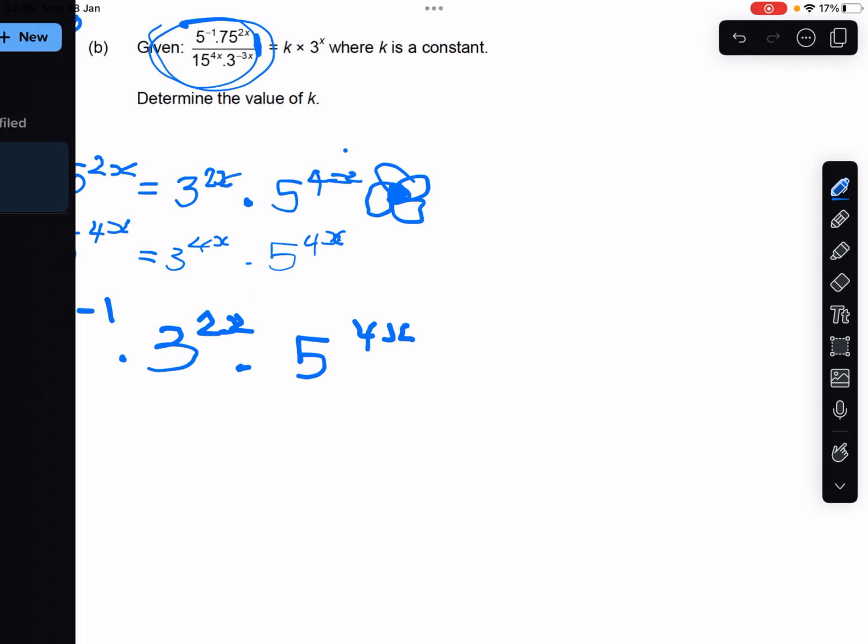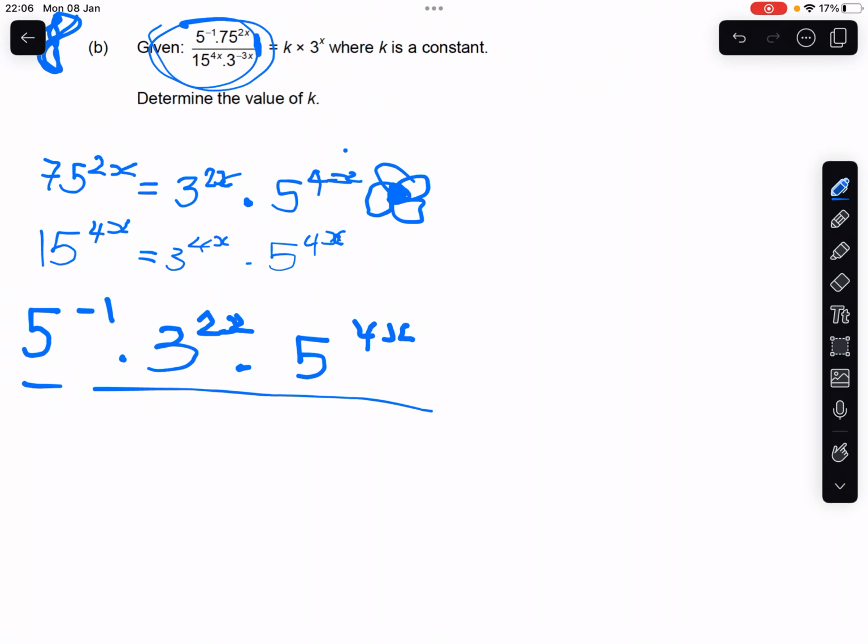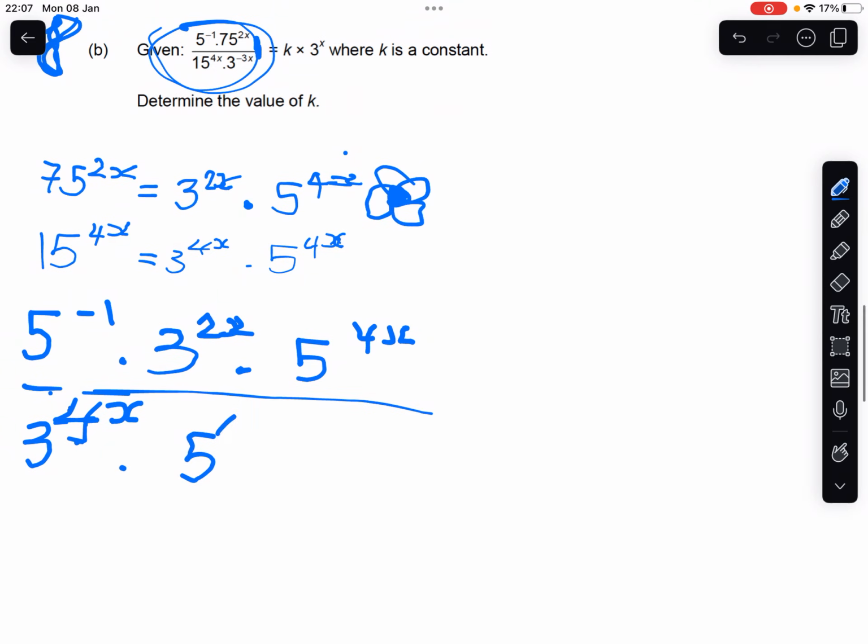Okay, and then in the denominator we've got 15 to the 4x, which is just 3 to the 4x times 5 to the 4x, okay, times 3 to the minus 3x.